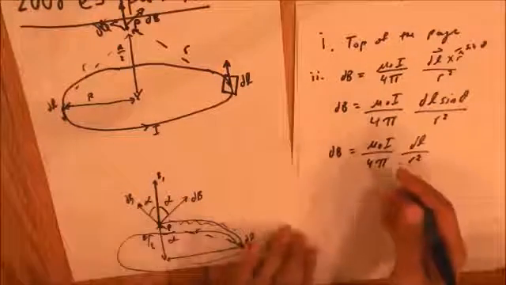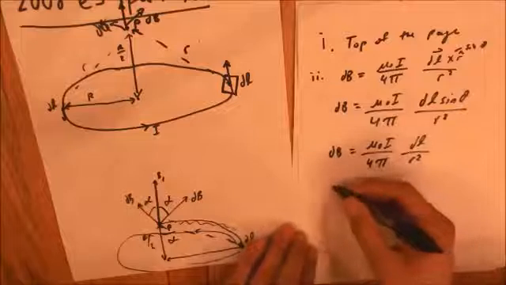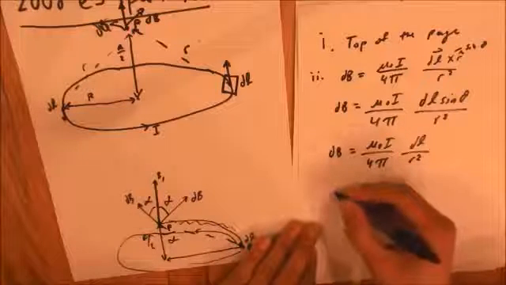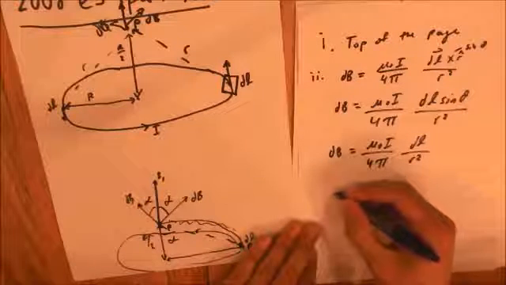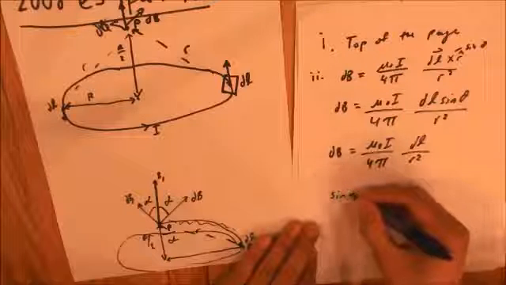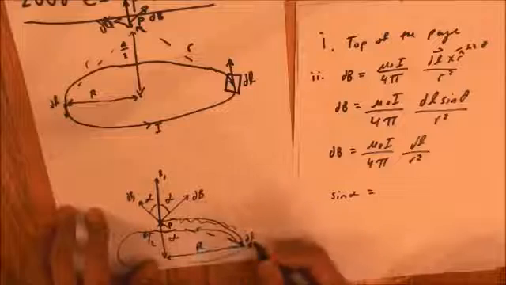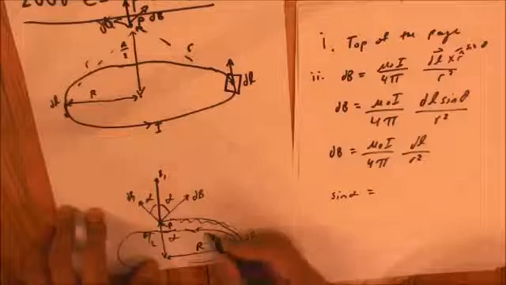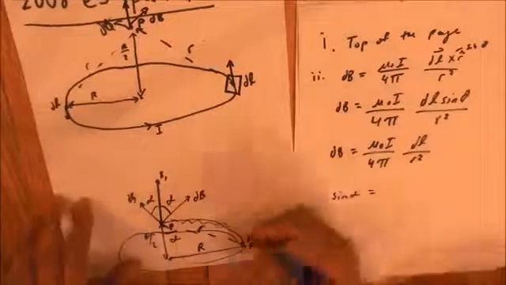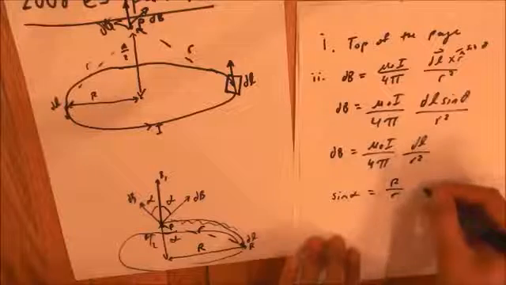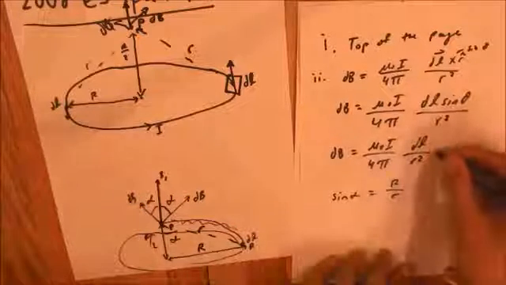So we're going to take the sine of alpha, right? So sine of alpha is going to equal, this value here is r, and this value here is little r, so opposite over hypotenuse, r over r. And we're going to add that on to the end of this here.